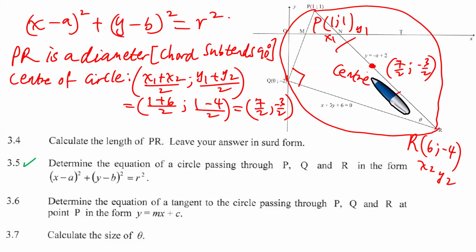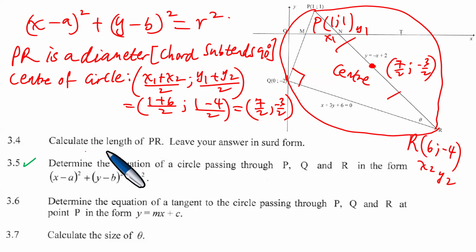If this is the center of the circle, we just need to find the radius. So we can find the distance between the center and the point R, for example, or between the point P and the center. Alternatively, you can just find PR, which is the easiest one. Did you find PR? Yes.